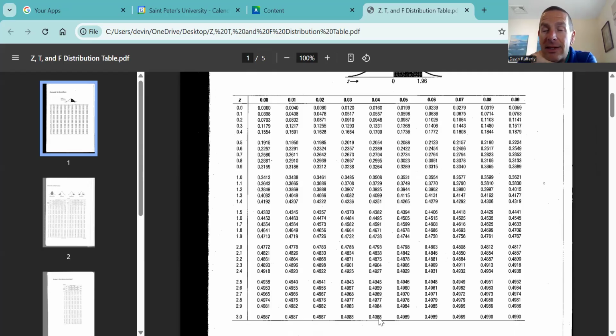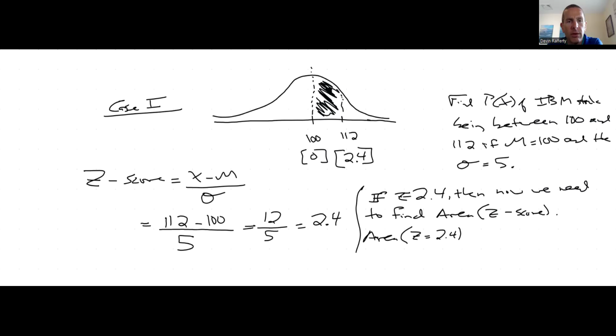So again, I had a z-score of 2.40, which gives me 0.4918. So if z is equal to 2.4, now we need to find the area associated with the z-score.